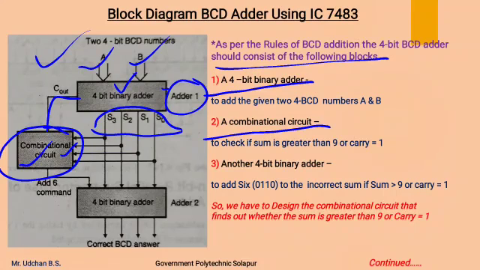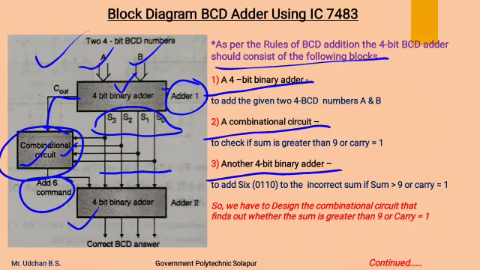The output of that combinational circuit is connected as an input to the next 4-bit binary adder, which is going to add a 6 to this obtained sum to correct the wrong sum. Now we will see how this 6 can be added to the wrong sum in the next slide.